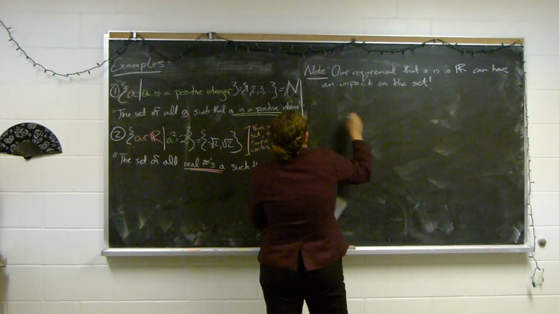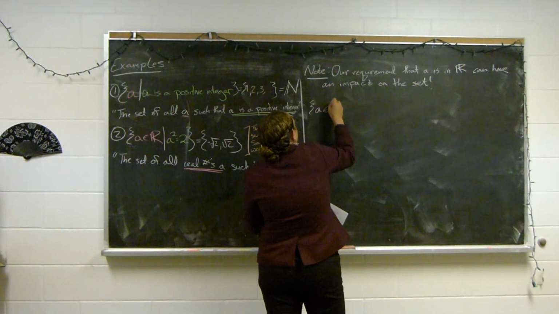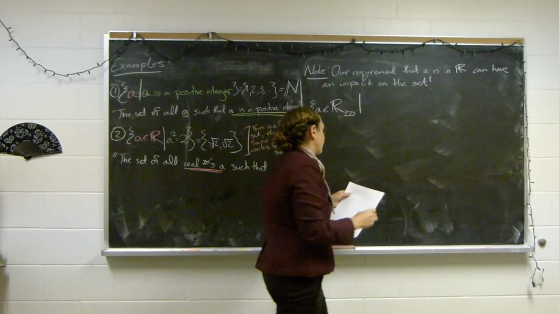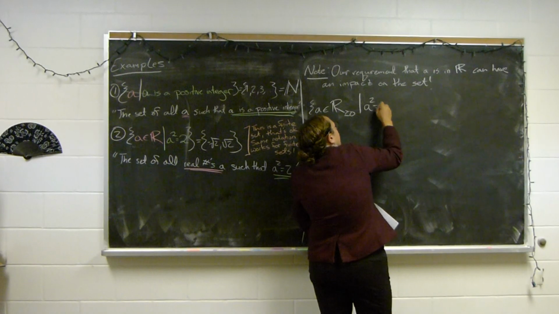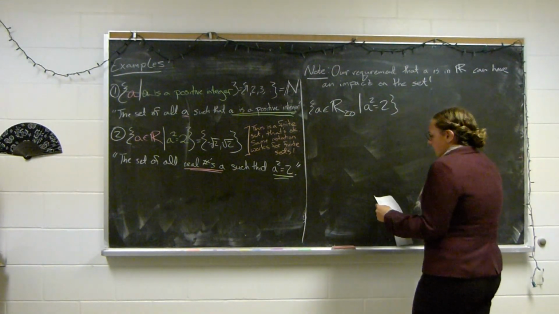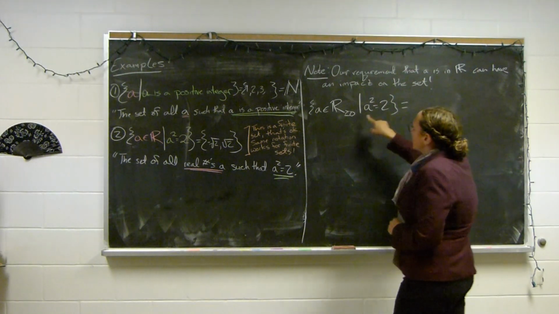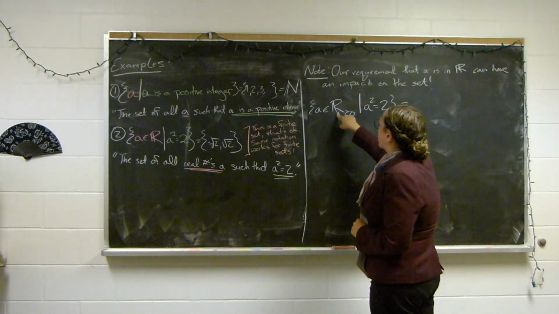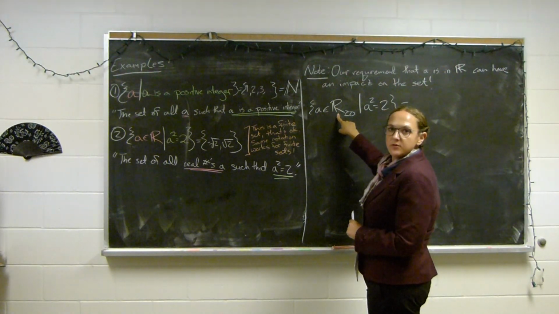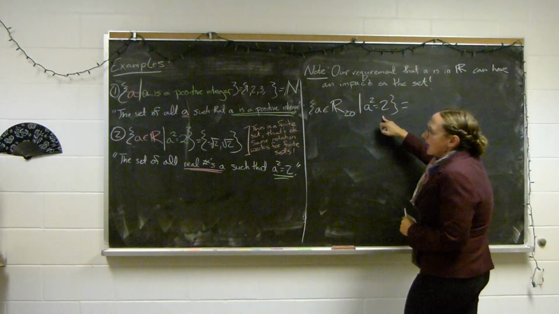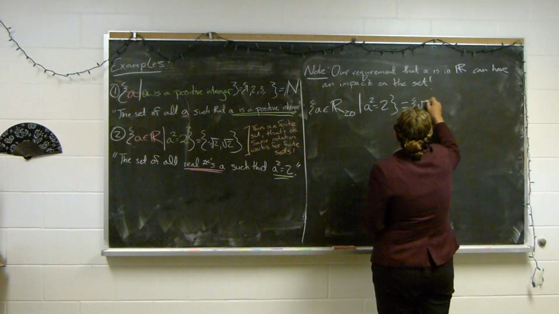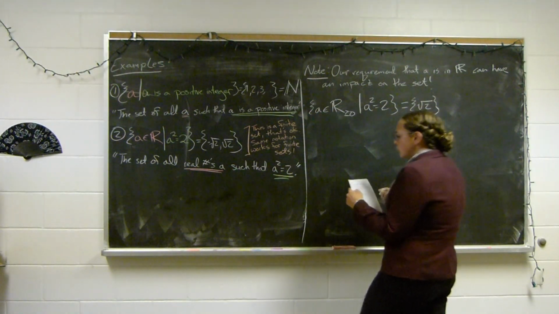For example, if I said the set of all A in R, but I put greater than or equal to 0 there, and I'm still looking at where A squared equals 2, then I'm requiring that I'm only looking at the non-negative real numbers, and so I'm only going to pick up the positive square root of 2. So this is the set that has one element. That element is the square root of 2.